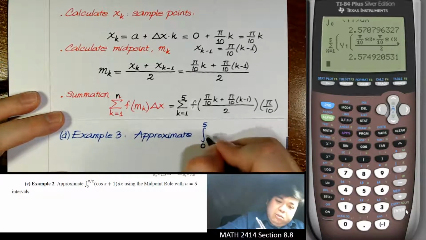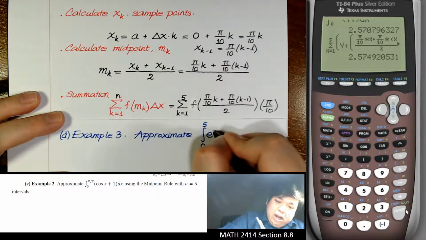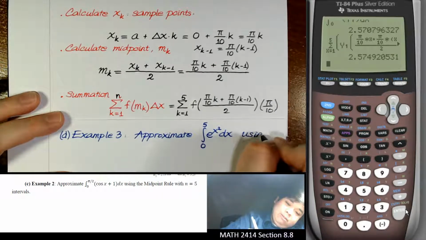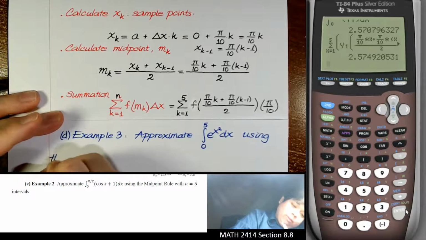Let's make it simple. E to the x squared. Like I said, this one we won't be able to do it by hand, using the midpoint rule.